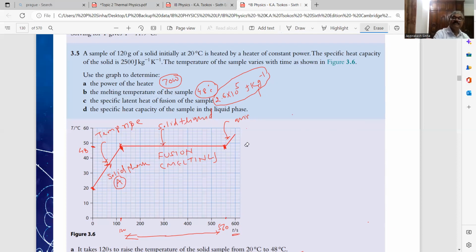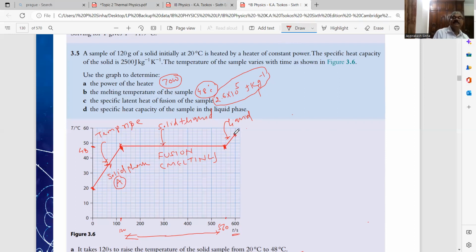So in D part, this is the last part. So here, this is your liquid. From here to here, it is in liquid phase. So whatever energy you are supplying here is being utilized in raising the temperature.